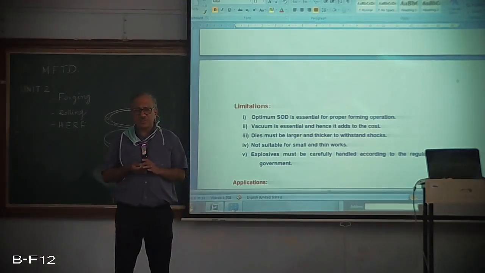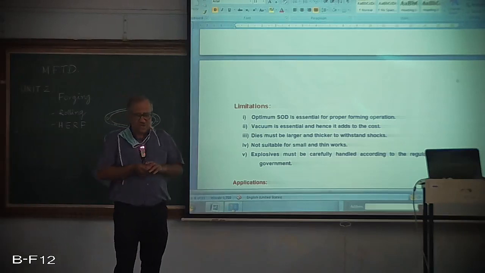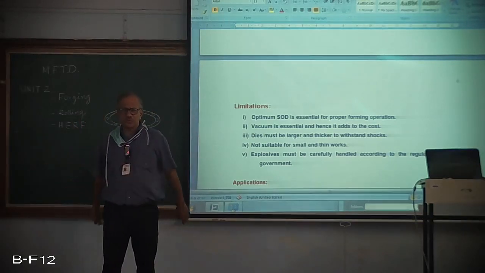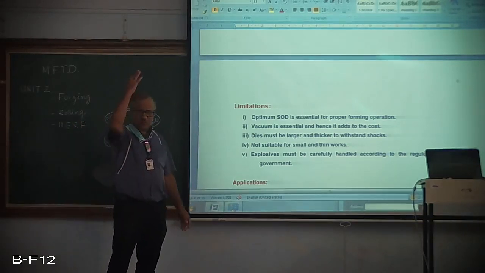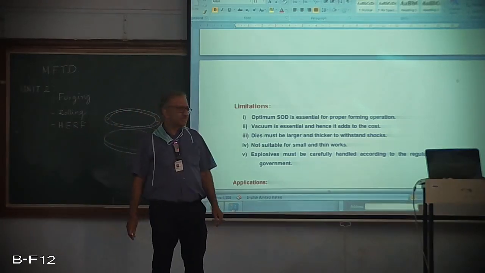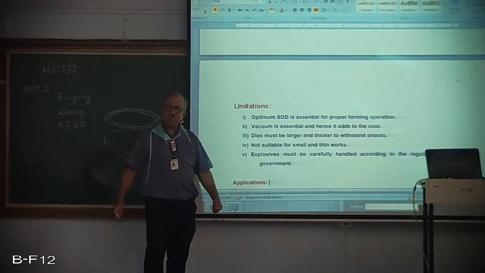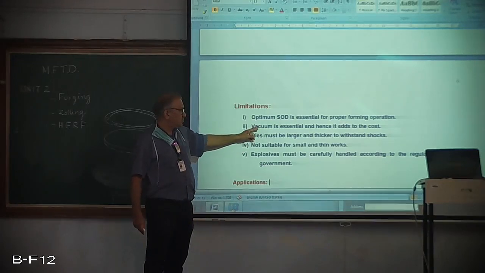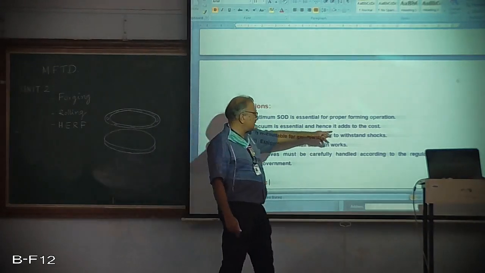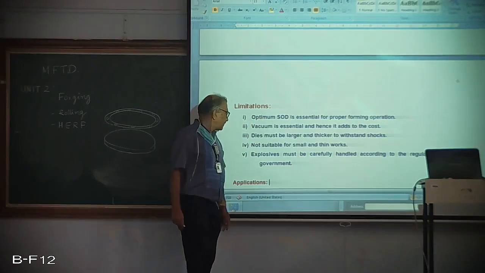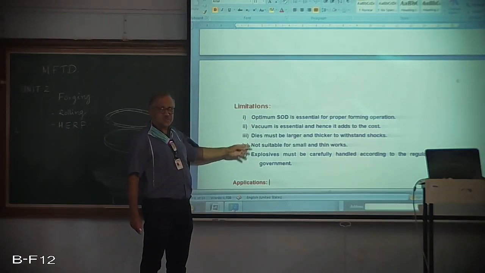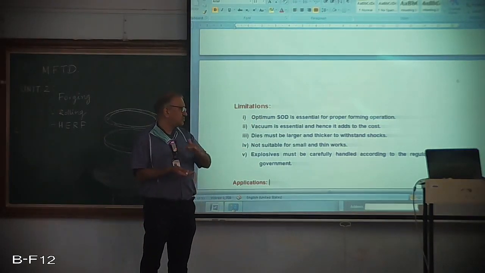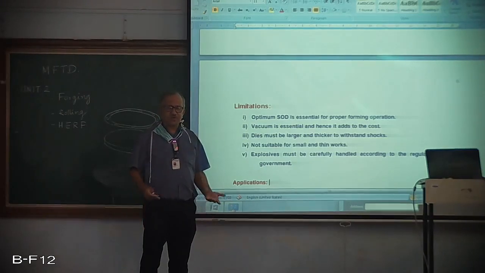Vacuum lines are always expensive because air from all around would try to enter the vacuum space, and atmospheric pressure is enormous and vacuum is expensive. Okay, vacuum is always expensive, hence it adds to the cost. Dies must be larger and thicker to withstand shocks compared to conventional forming.